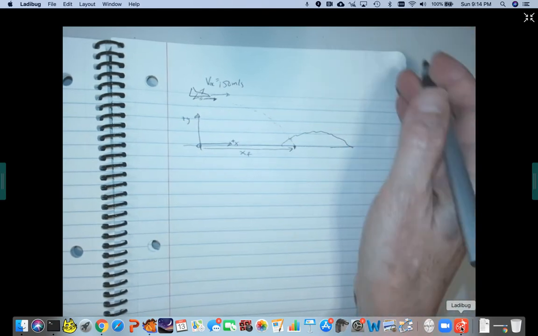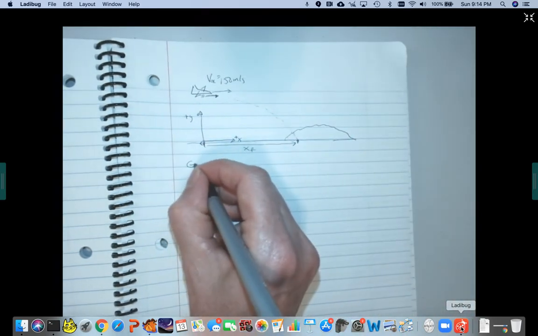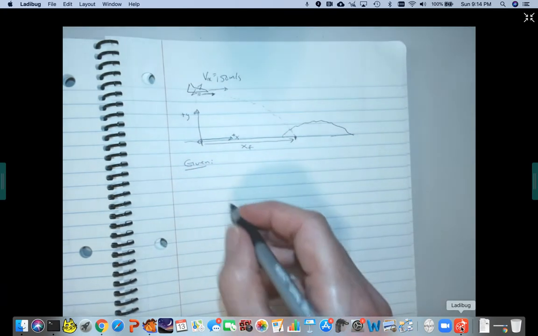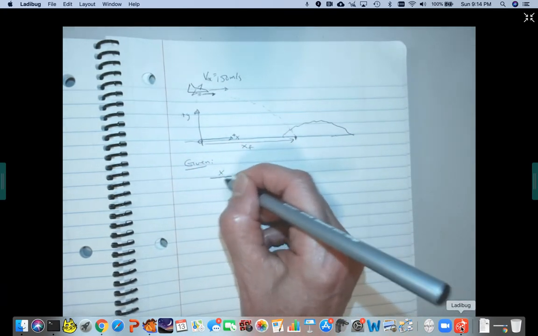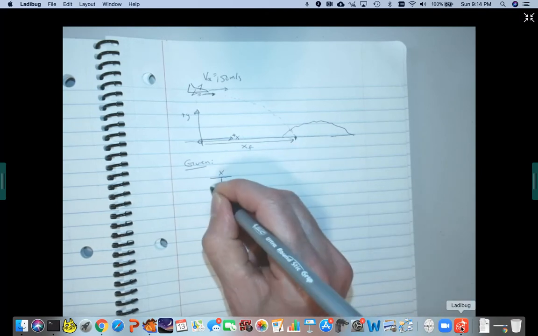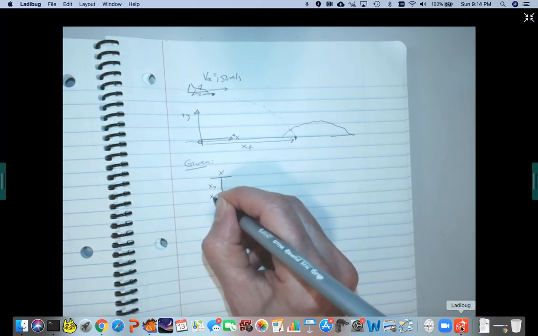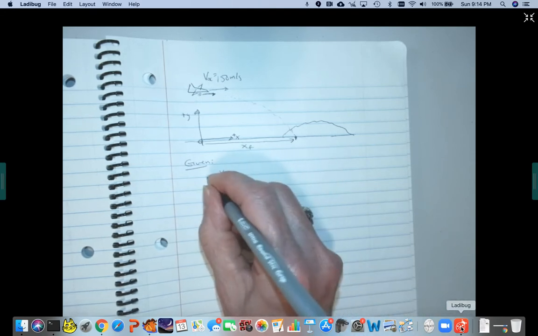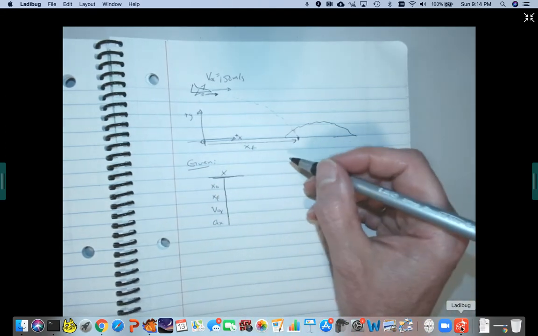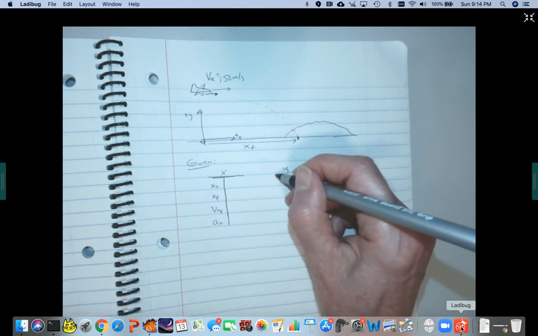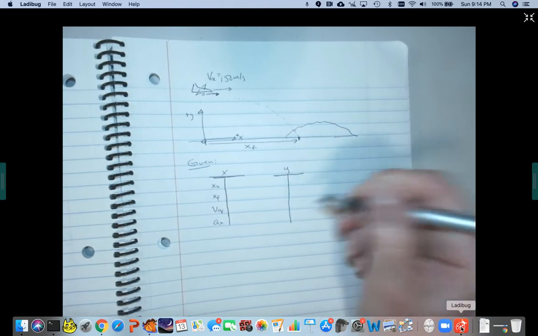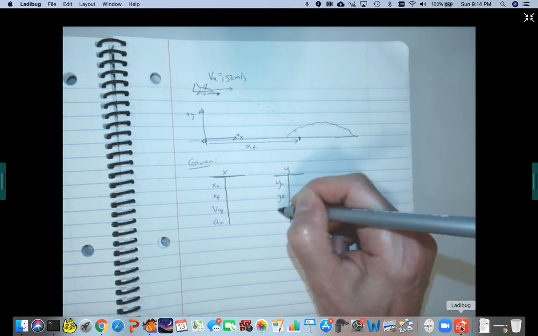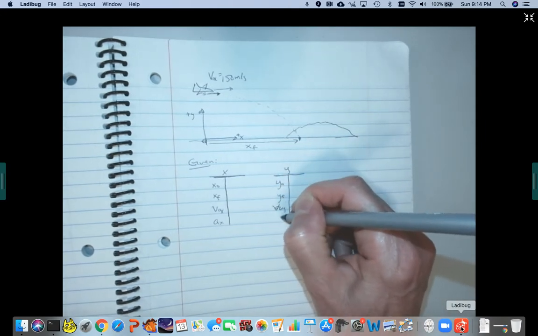So my givens: in the x direction, I have x initial, x final, v0x, ax. A lot of times we're crossing out ax, but you could have a problem where that's not 0, if it's not just a free fall problem. Then y0, y final, v0y, ay.